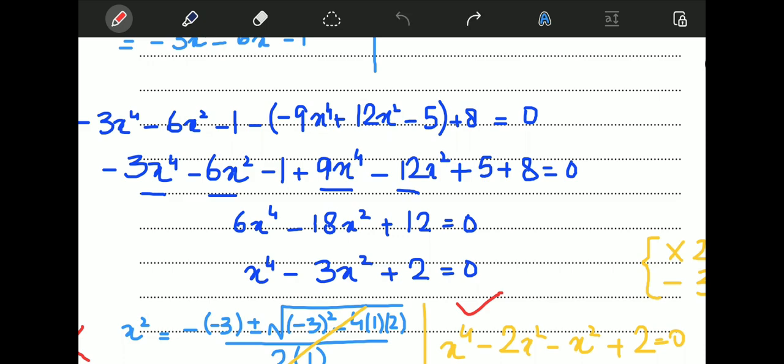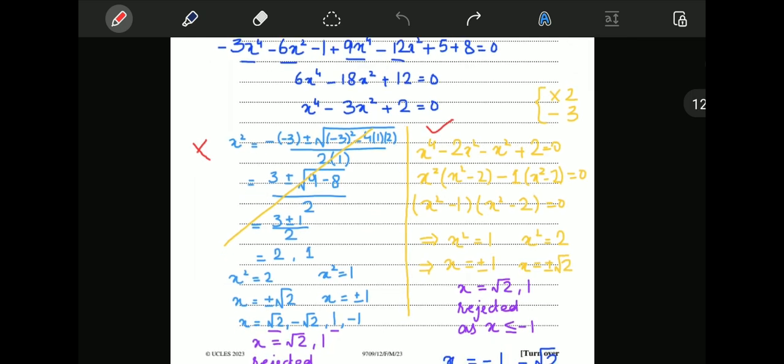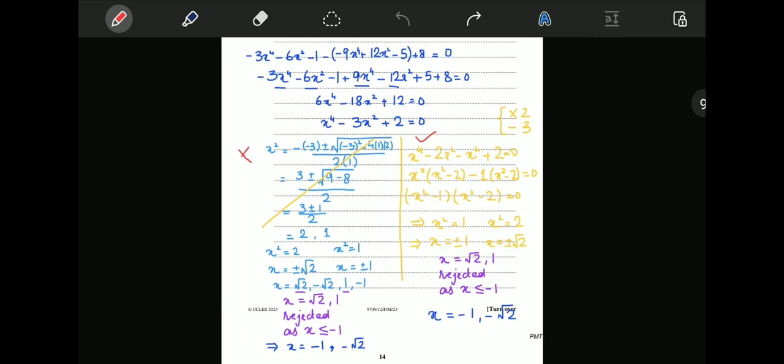Okay, now it is quadratic in x squared. See, I have shown two methods of doing it. You can do it by using the quadratic formula or by breaking the middle term.